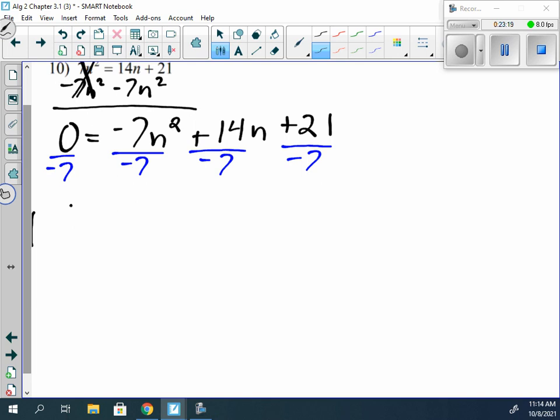Well, 0 divided by -7 is 0. -7 divided by -7 is positive n squared. 14n divided by -7 would be -2n. And positive 21 divided by -7 would be -3. That works just fine.